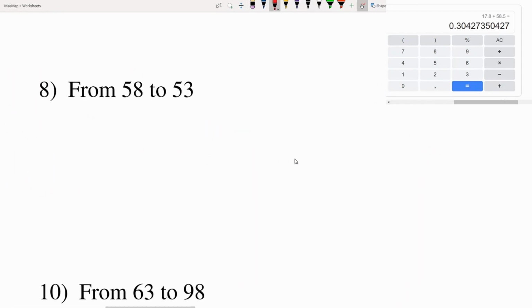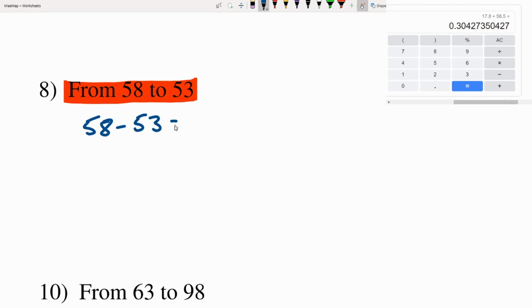In number 8, going from 58 to 53, we are decreasing because the starting number is larger than that second number. Finding that change, we'll take the largest number and subtract the smaller number. 58 minus 53 is going to be 5. So we'll take that change over the original to get the percent change.